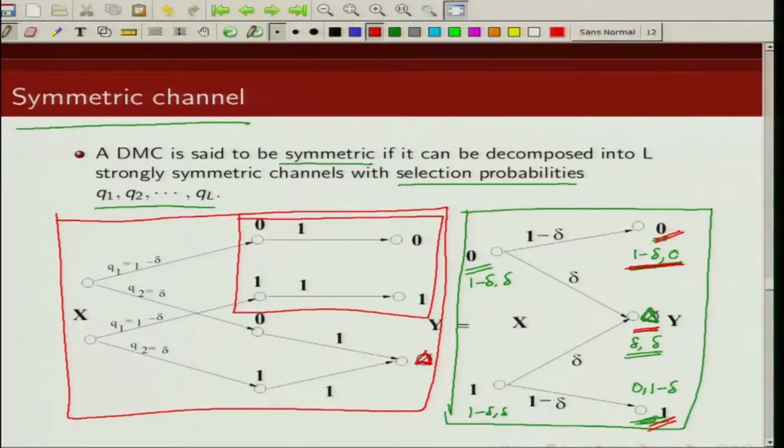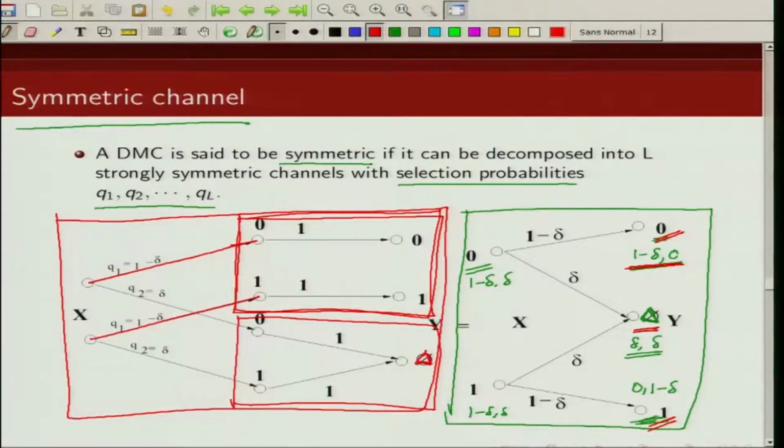So I am decomposing this channel into two channels. With probability Q1, I am going to select this channel, let's call it channel 1, and with probability Q2, I am going to select channel 2.